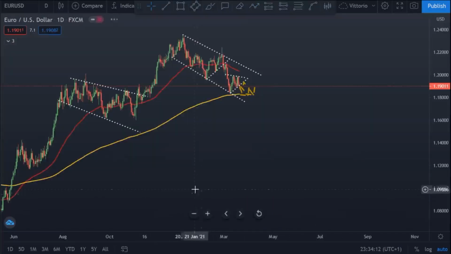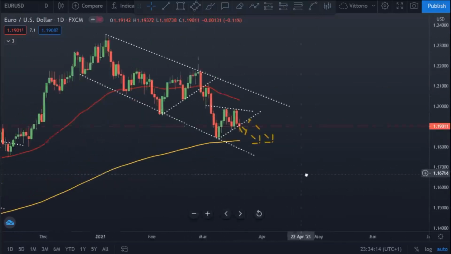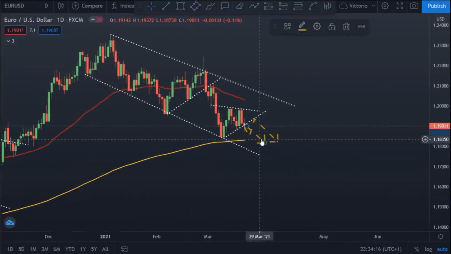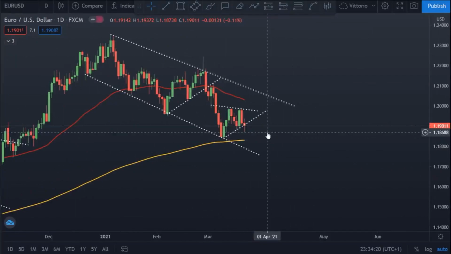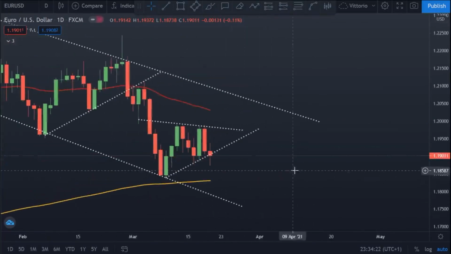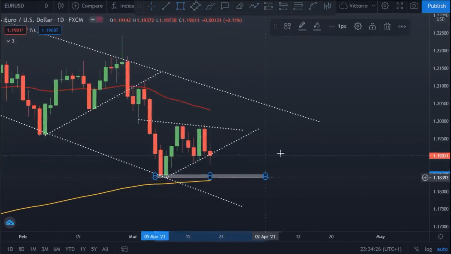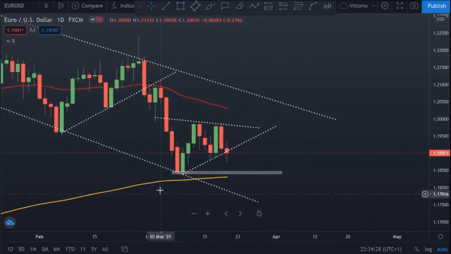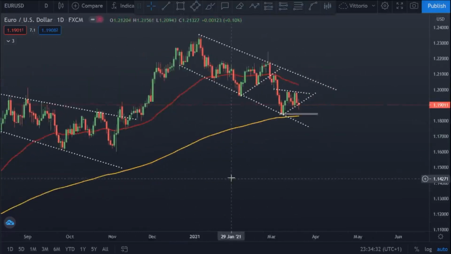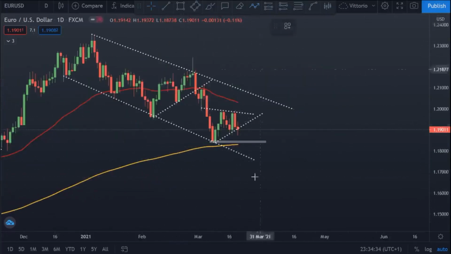If we go back again to the daily time frame, this breakout, this let's say bearish move, might continue down to this level too. So we have a support and the 200 EMA. So this is the March low. If instead we break even below the 200 EMA, that would also be a breakout of the falling channel.